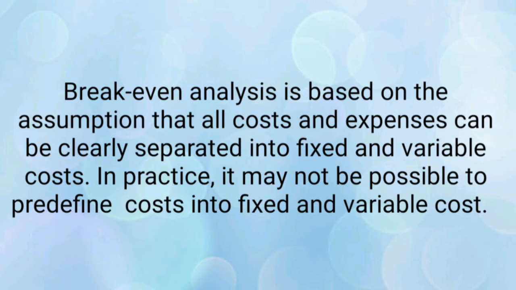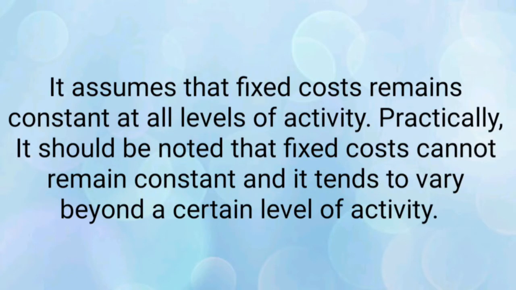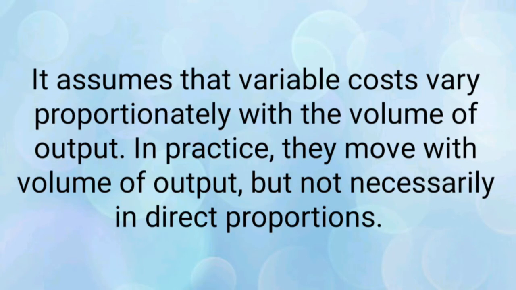Okay, so next one is that it assumes that the variable cost varies proportionally with the volume of output. But the fact is that it is not necessary to go along with the direct proportion, because they can move with volume of output.